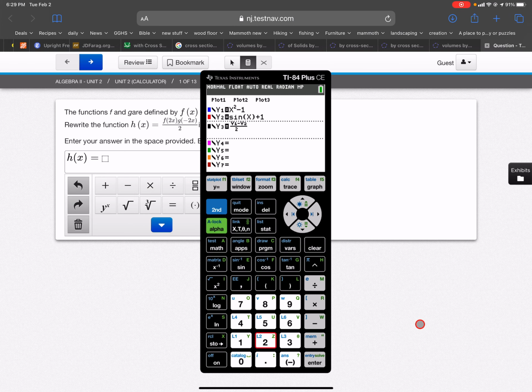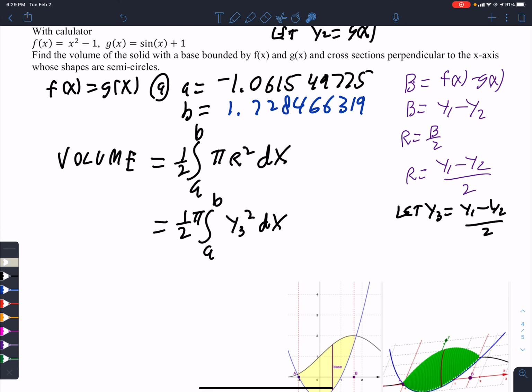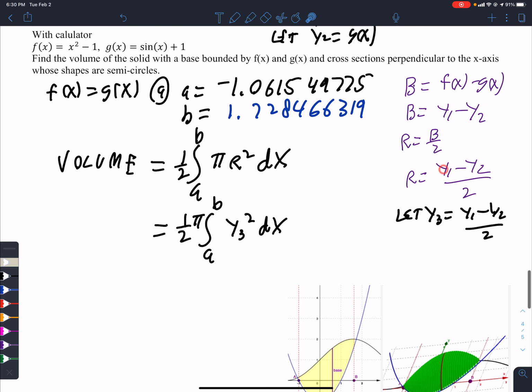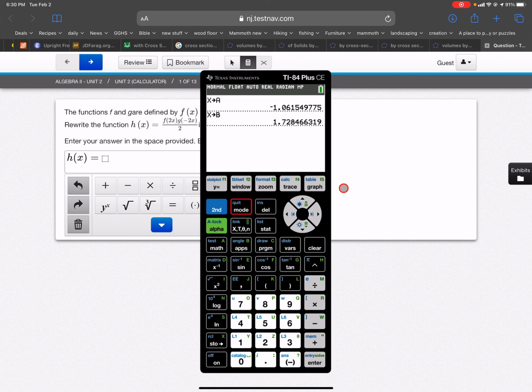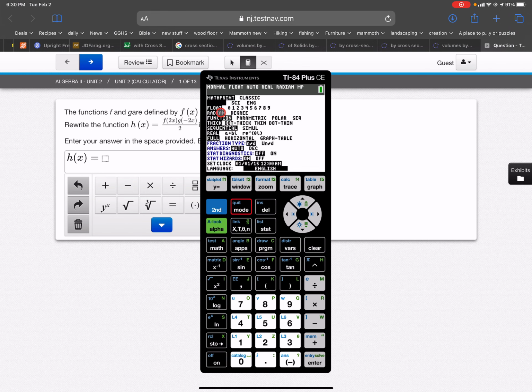So my y3 is the y3 I defined over here, which actually is my r. So y3 is my r in this problem. Oh, I want to point something out. Make sure your mode is radians when you're dealing with trig functions, or it won't come out right. You'd be very sad if you weren't in radians.